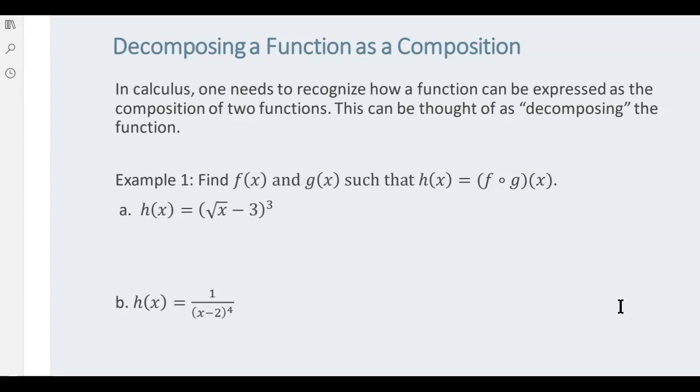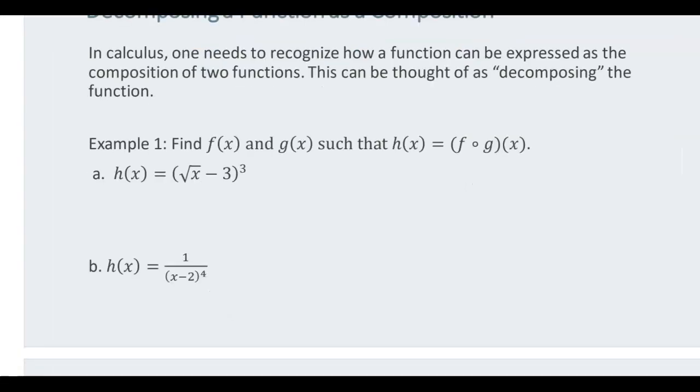Now, the composition means that you take one function and you plug it into the other. The different way of writing that is f of g of x. So what I'm doing is I'm taking the function g and I'm plugging it into f as the variable.